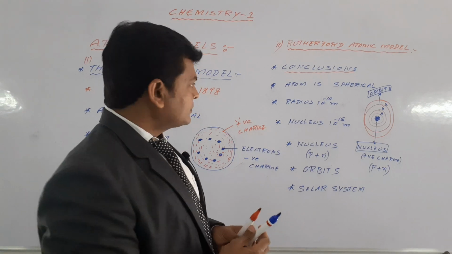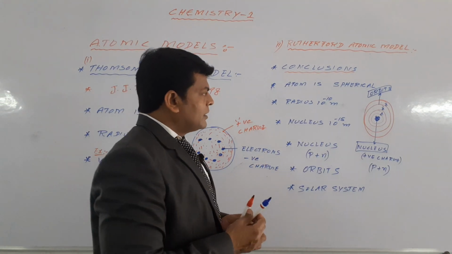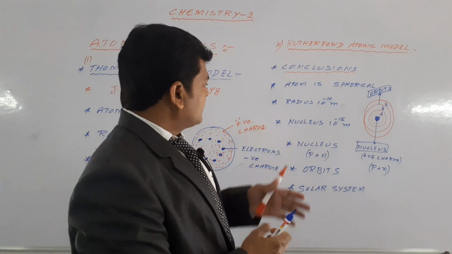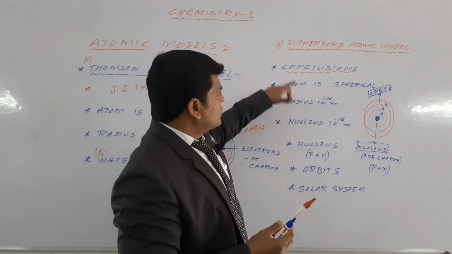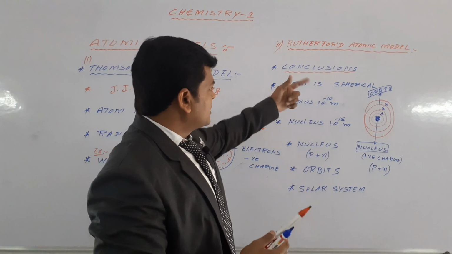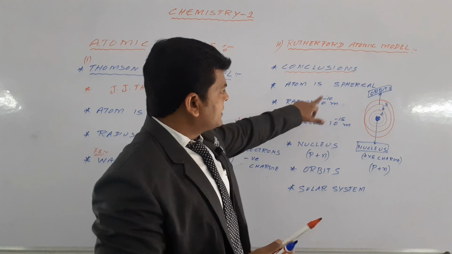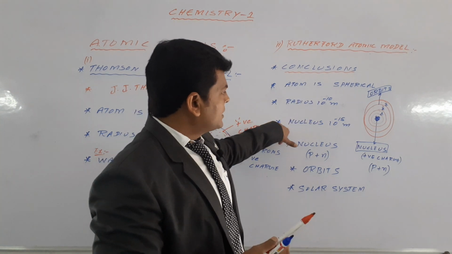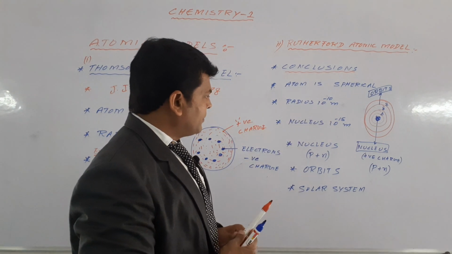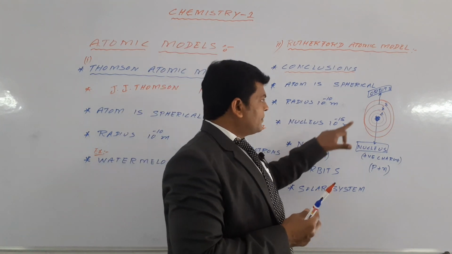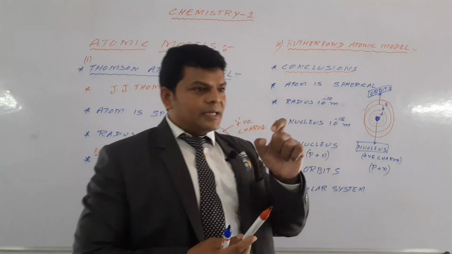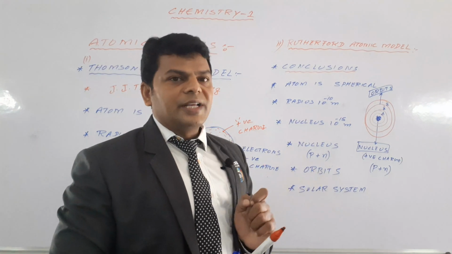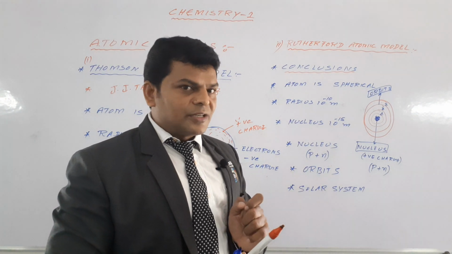Next, these are the conclusions of the Rutherford atomic model. The atom is a sphere, radius 10 power minus 10 meters, nucleus radius 10 power minus 15 meters. In the nucleus, at the center in a small region, positive charge is concentrated.